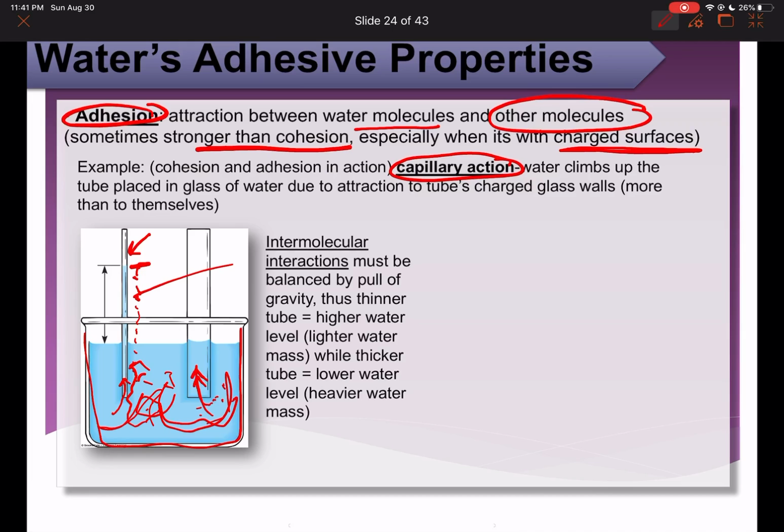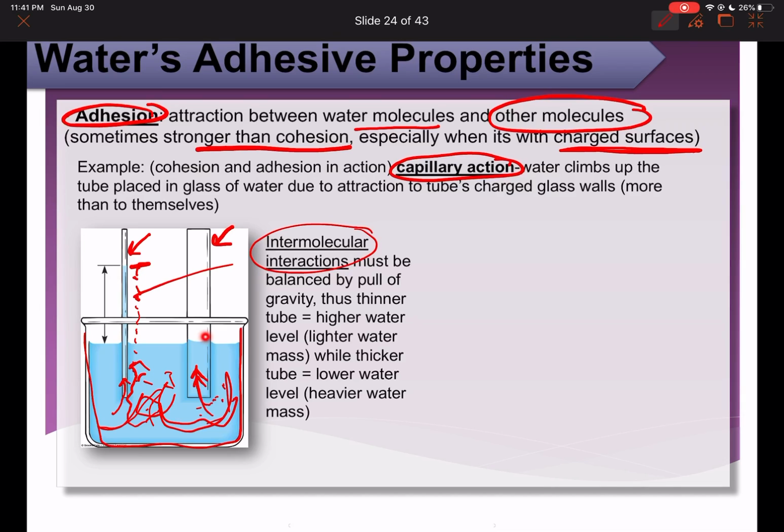All right, so those intermolecular interactions of adhesion, meaning the interaction between the glass and the water, and cohesion, meaning the interaction between water molecules, have to overcome the force of gravity in order to continue climbing upwards. This is why the two sizes of tubes illustrated here, a bigger tube versus a smaller tube, can result in different amounts of water being pulled upwards.